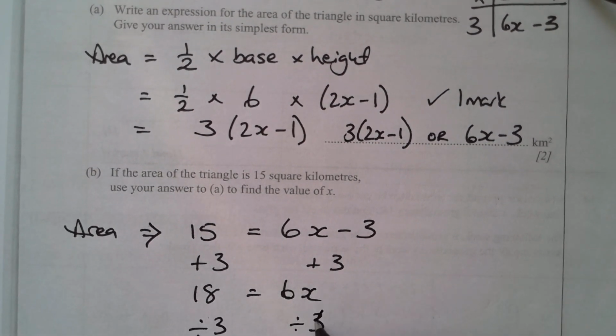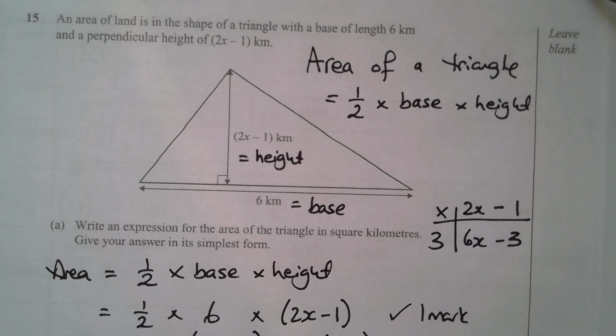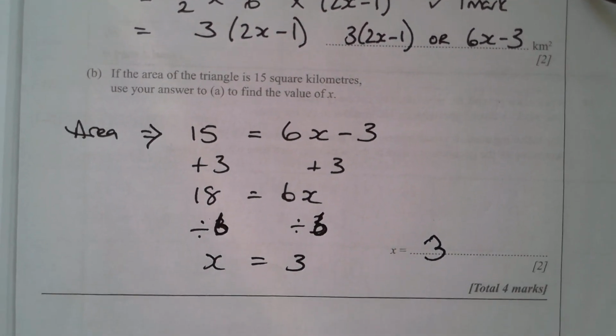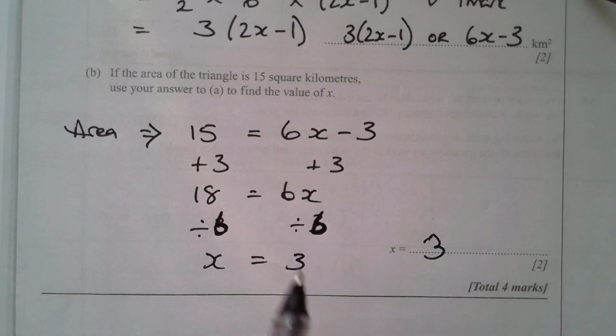Oh, sorry, we divide by 6. Getting ahead of myself. And we just write the 3. We don't need any units because the kilometres, the units are already in the question. 4 marks altogether. Make sure that you can rearrange expressions like this.